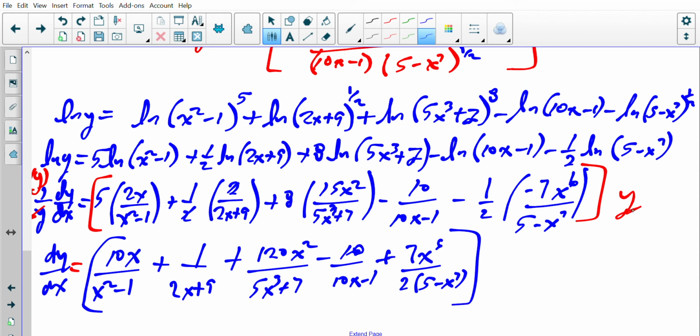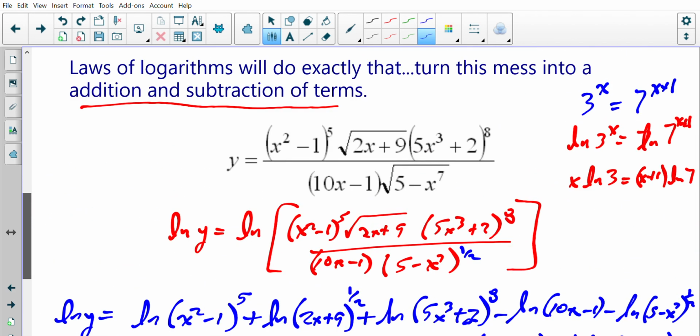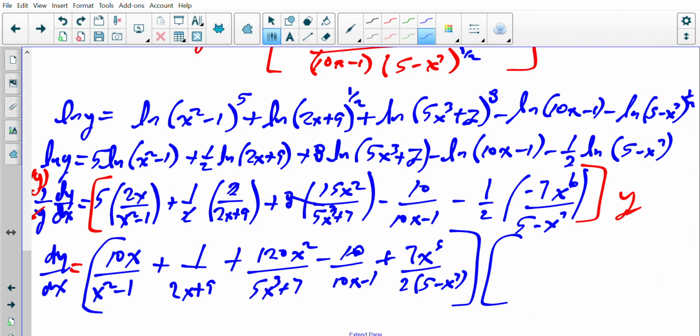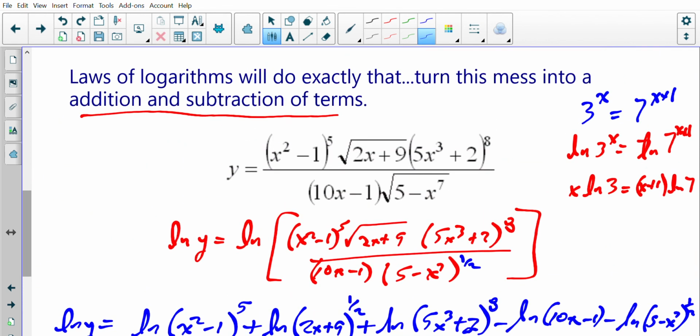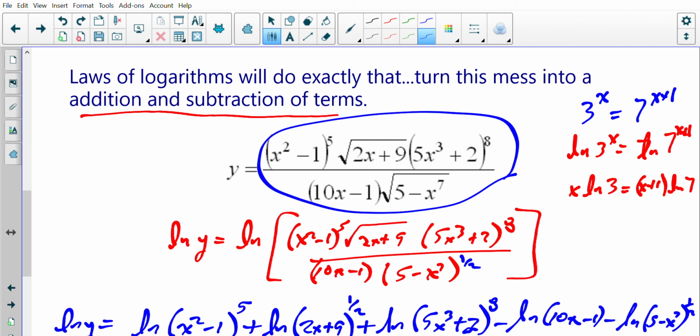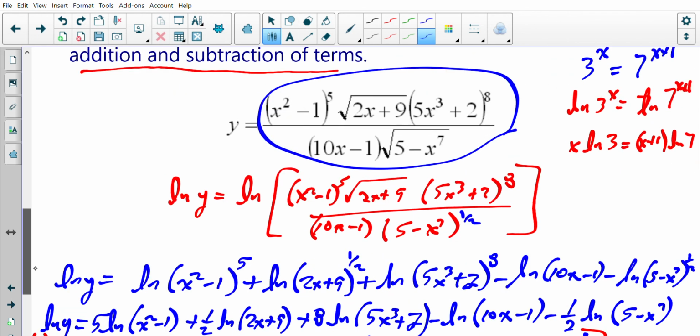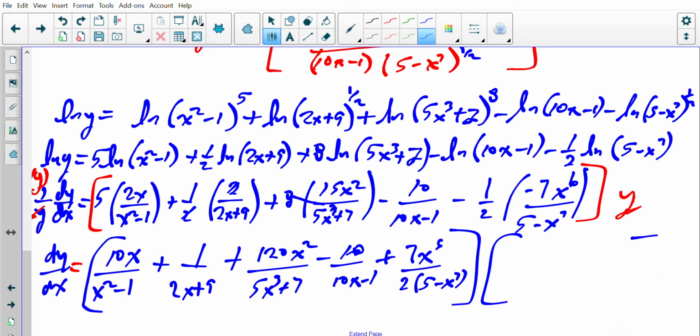And instead of multiplying by y, we are going to replace y with what y is equal to. But unfortunately, y is this big mess right here. So then I would need to rewrite that all in here instead of the letter y.